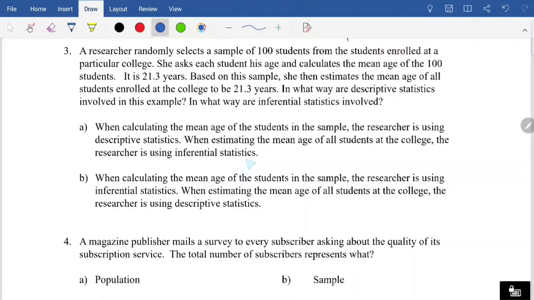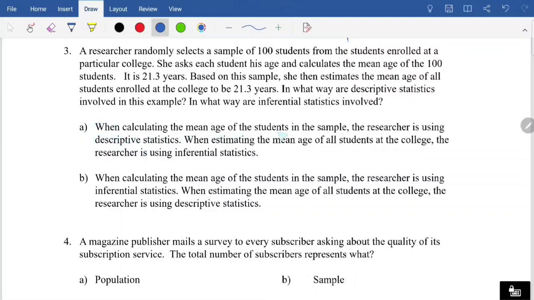What do you think? When we take measurements on the sample, that's the part which is descriptive statistics, correct? That's what we talked about when we were working on the last 2 questions. So the first part of the sentence in A seems to be correct.